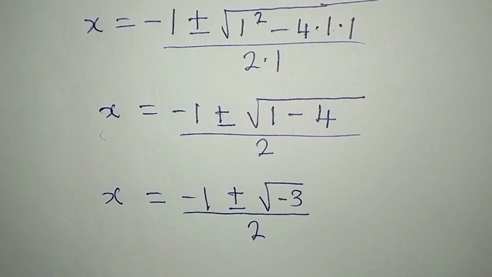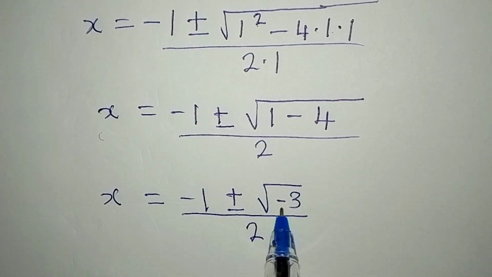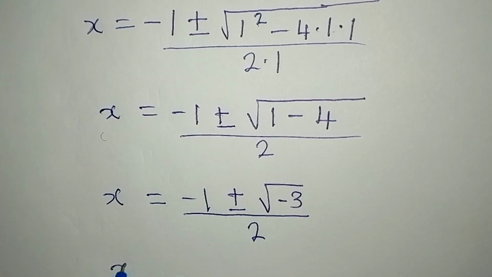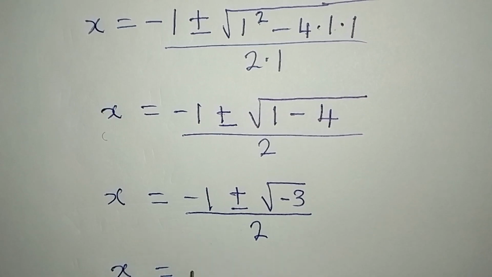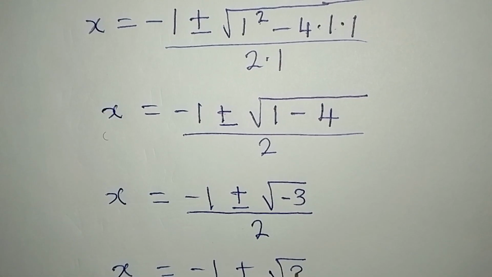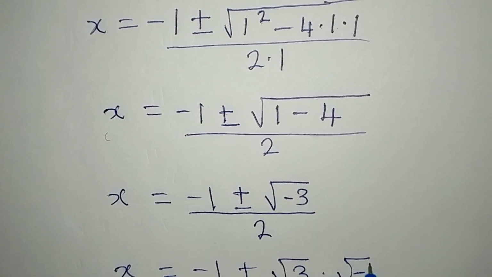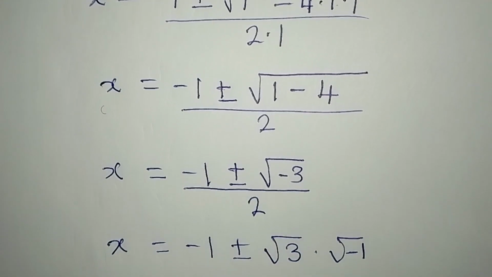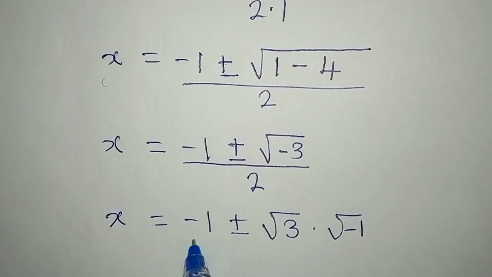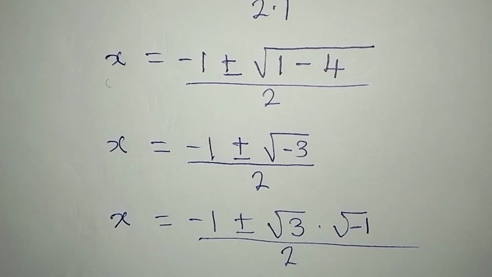Now, what again can I do from here? Since we have this negative, I always pick out the negative from here so that we can express the square root of 3. So our x here is equal to minus 1 plus or minus square root of 3, then multiply by the square root of negative 1, then this is still over 2. So let's continue.